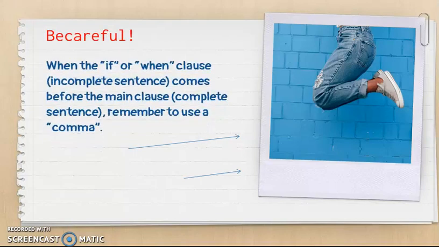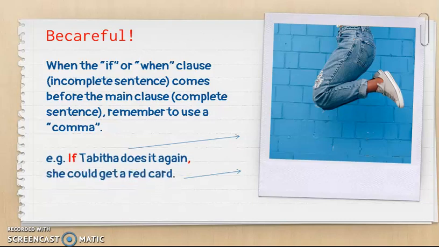Okay, let's pay attention to several factors. When the if or when clause, the incomplete sentence, comes before the main clause, that is the complete sentence, remember to use a comma. For example, if Tabitha does it again, she could get a red card. After the if or when clause, you see a comma here.